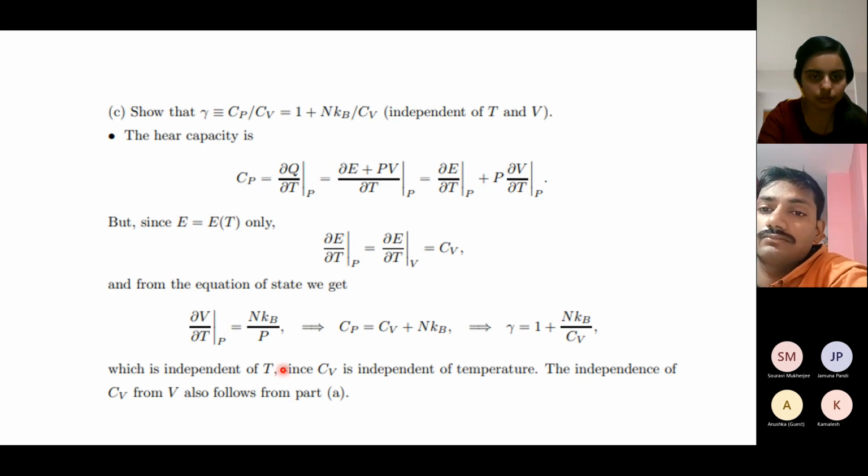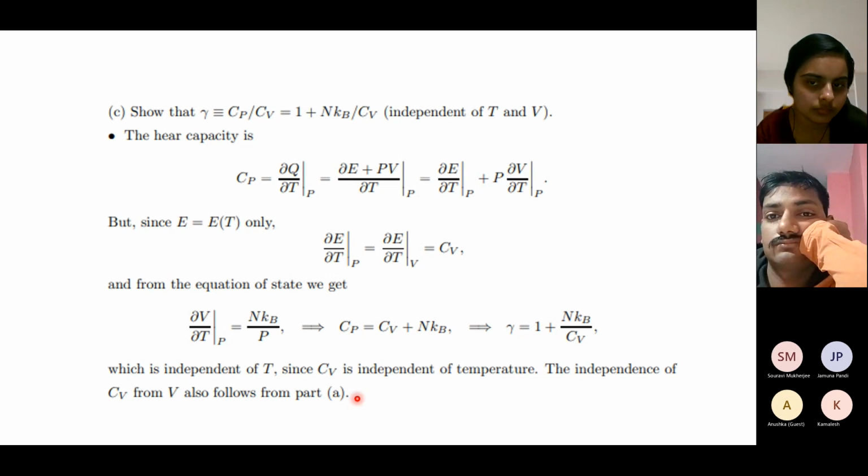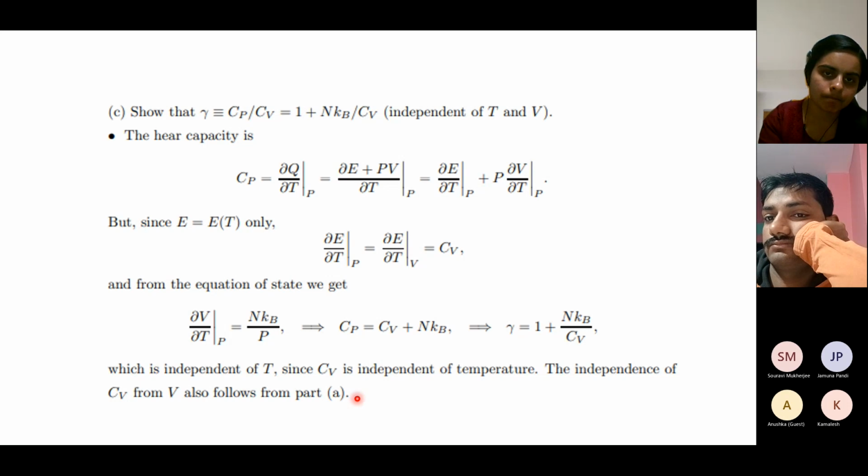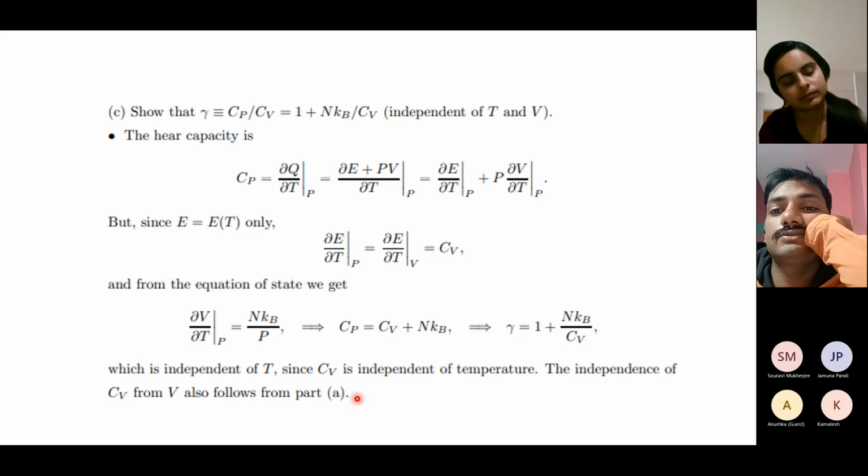It is said that it follows from A, but how? Any idea? So this is the expression for gamma.